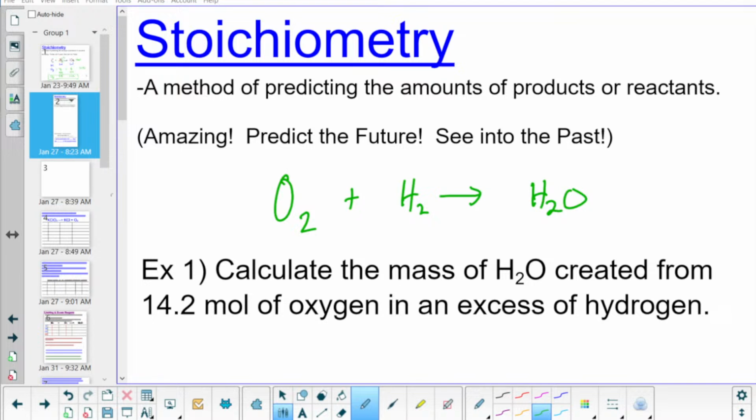Well, now the moles are 28.4. When the moles was 2, that oxygen grams changed the molar mass. What's the molar mass of oxygen? You're wrong. I don't want to check the molar mass.